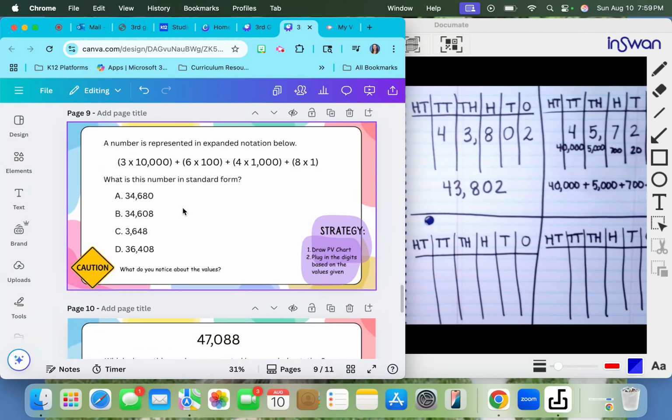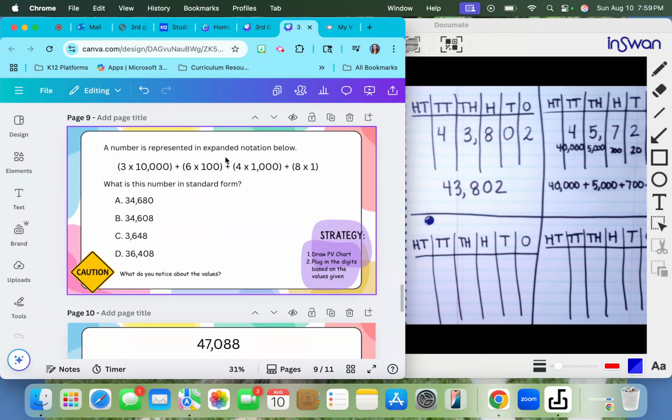Our question says a number is represented in expanded notation below. What is this number in standard form? Well, our strategy is the same as when we were taking a number from expanded form and putting it in standard form. We're going to draw our place value chart and plug in our digits based on the values given.